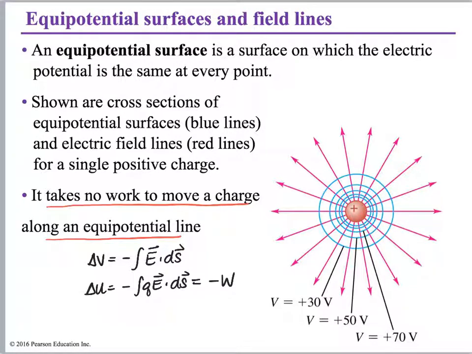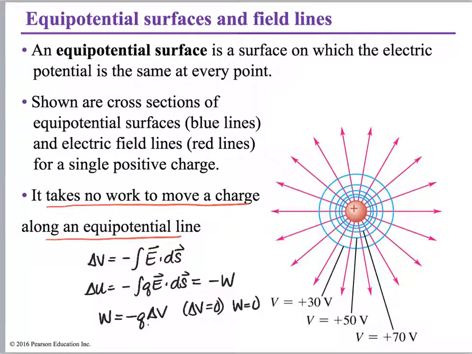So the idea is that the work could be expressed as minus Q delta V. If we move the charge along an equipotential where delta V is equal to 0, then the work is 0.